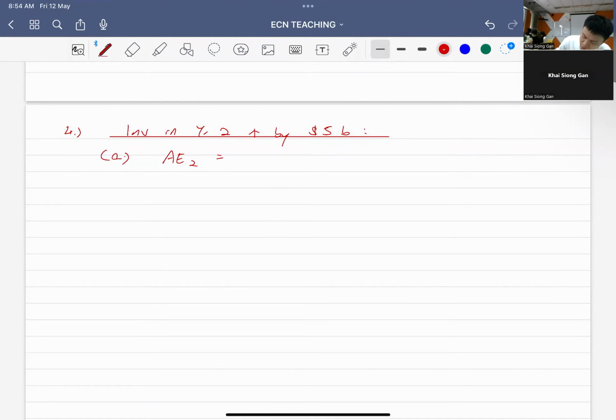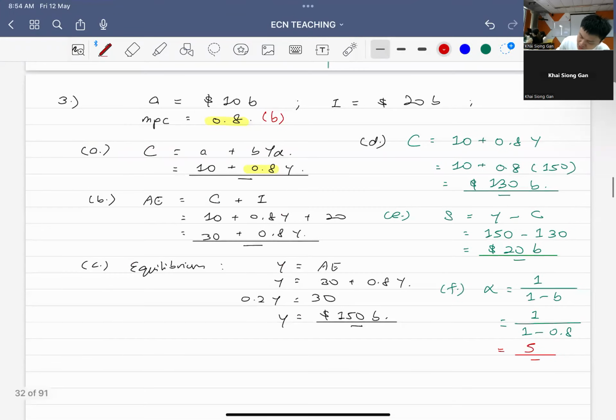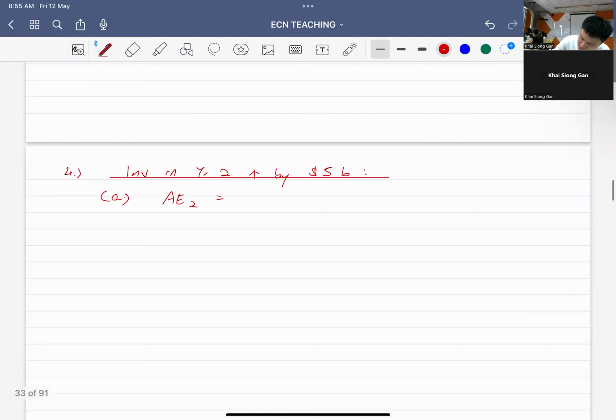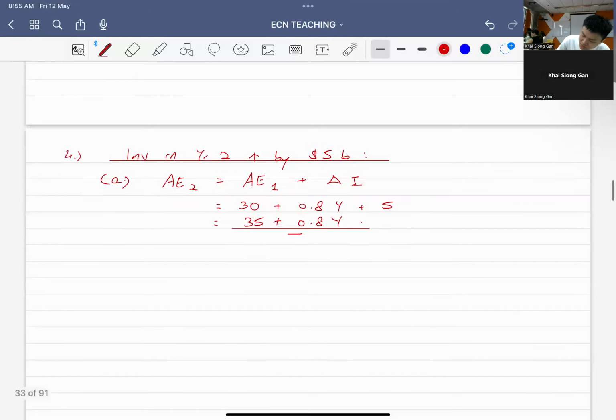First of all, what's my aggregate expenditure in the initial one? 30 plus 0.8y, right? So I will write like this. The formula is aggregate expenditure in year 1 plus the change in investment. So the formula is 30 plus 0.8y, plus 5 billion now. So now my new function is 35 plus 0.8y. So this is my answer for the aggregate expenditure function, full stop.